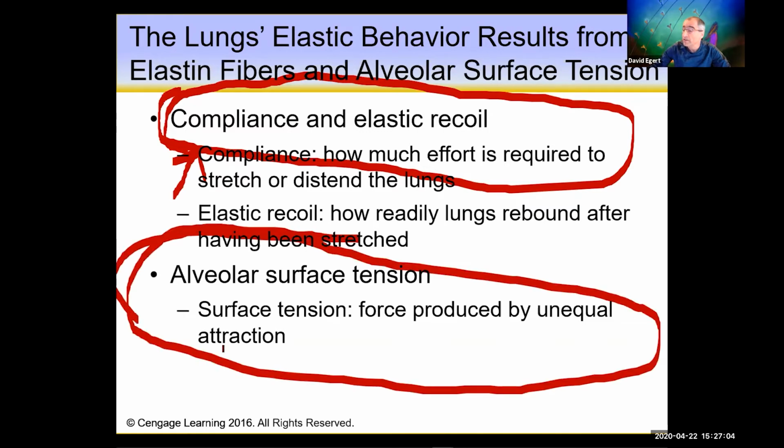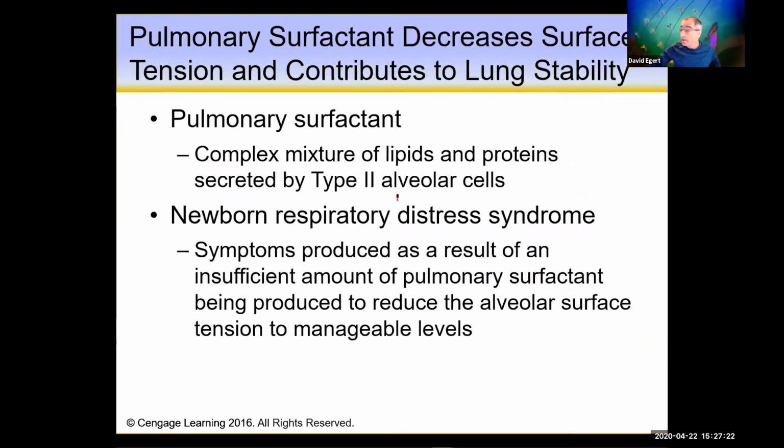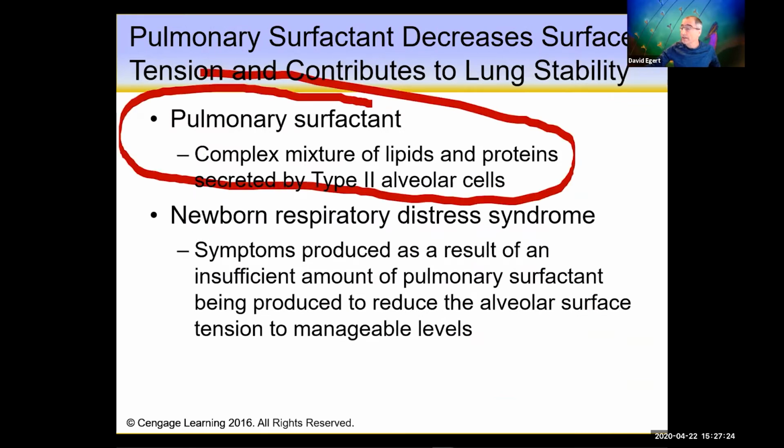Alveolar surface tension, again, we talked about the water surface tension is pulling the alveoli smaller, and you need to break that with that surfactant, or else you're going to have a lot of trouble inflating your lungs. And pulmonary surfactant, this is the stuff that you are not making when you've got COVID-19.